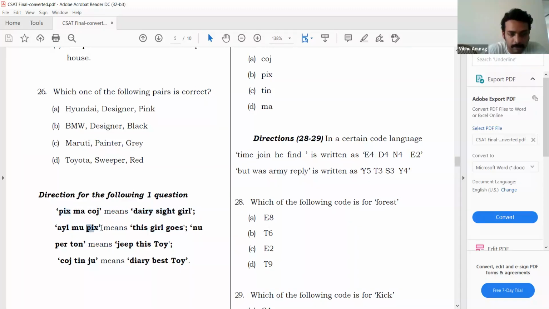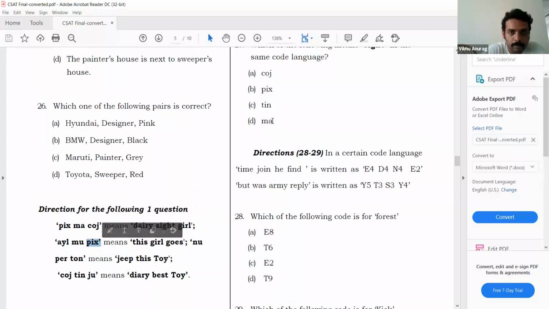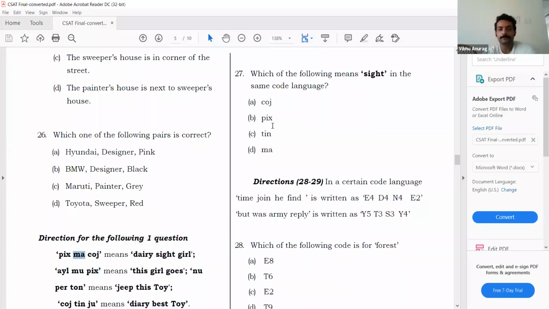So pigs means girl. Then dairy, I think it's a typo and the last one should be dairy. Dairy is common in first and last, and the common code is coj. So coj equals dairy. So pigs and coj are gone. So ma must mean site. Site is ma. Option D. Okay. 27, option D.